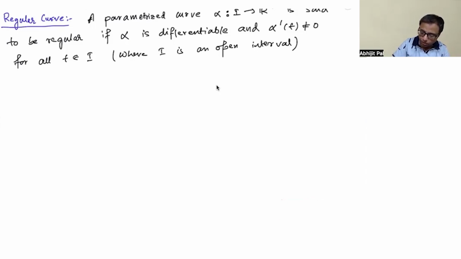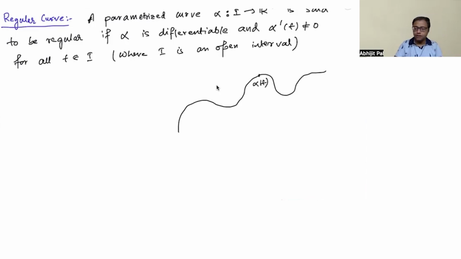If I draw a picture, this is my alpha t. Alpha t is a point in Rn, and I have taken this alpha prime t. This will be tangent to this curve alpha.